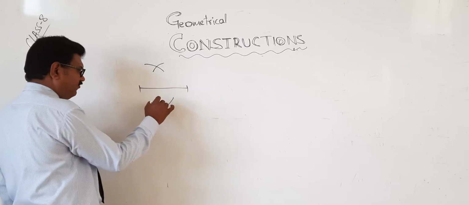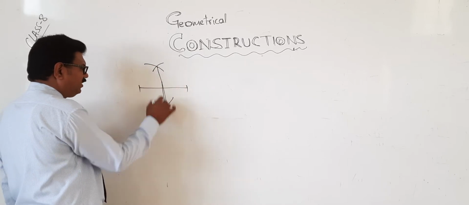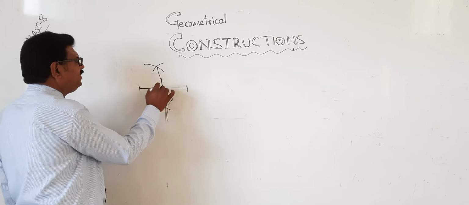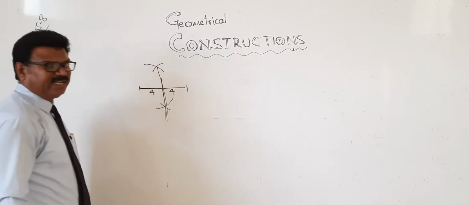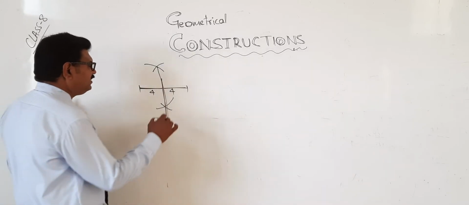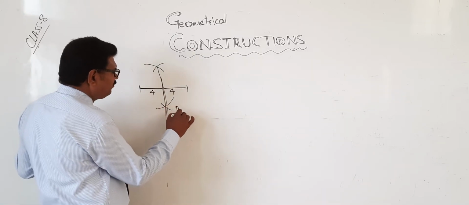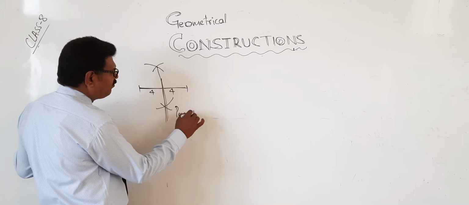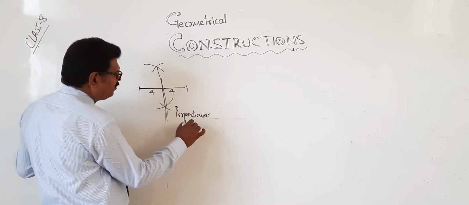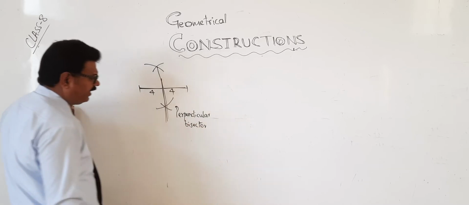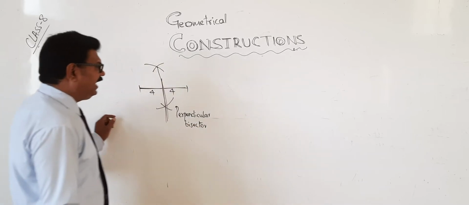That means we divided this into 2 equal parts. For example, 8 means 4 and 4 like this. This is known as side bisector or perpendicular bisector. Did you understand?